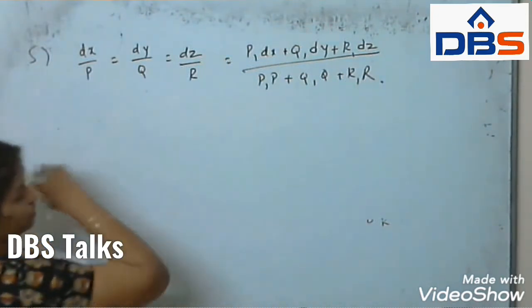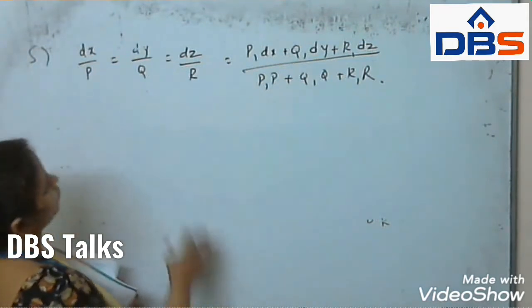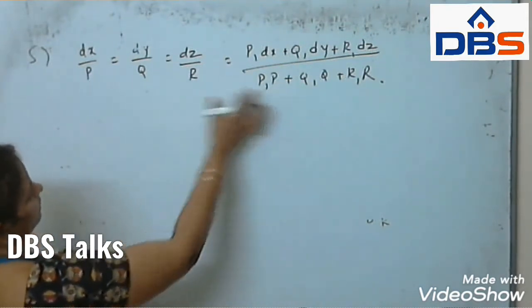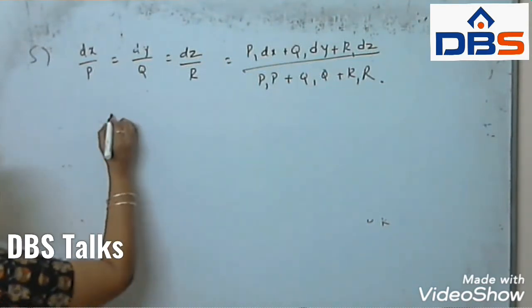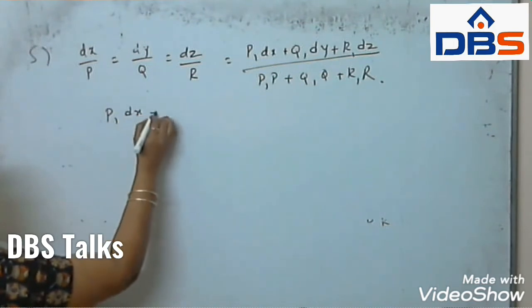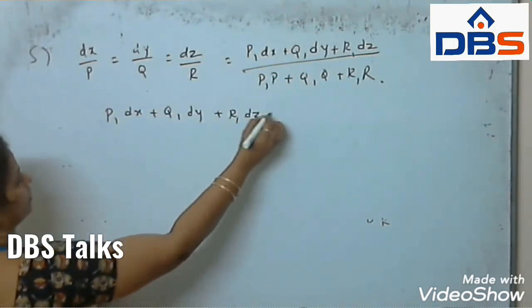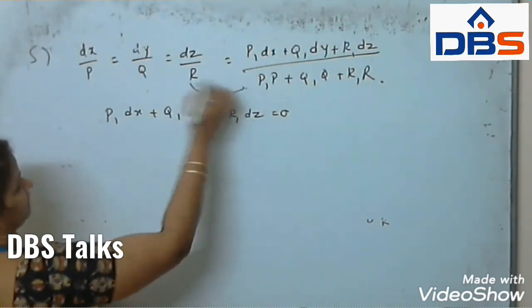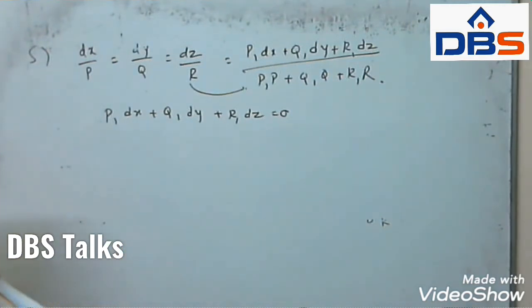So, after choosing P1, Q1, R1, you can write the equation like this. You can take any fraction equal to this one. By solving this, you will get P1 dx plus Q1 dy plus R1 dz equal to 0, by taking any two ratios.